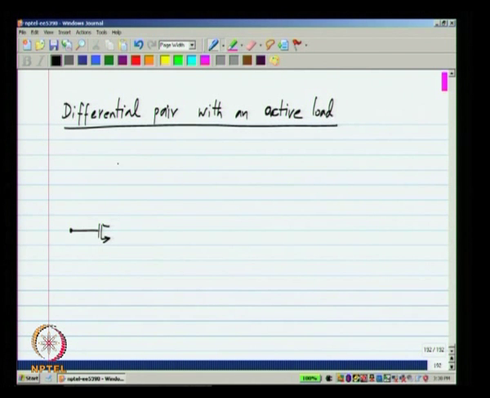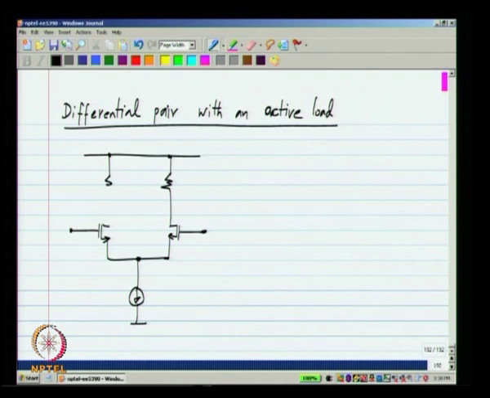So, let me start again with my differential pair. R and R. Now, this side is not being used, okay, the left side is not being used.